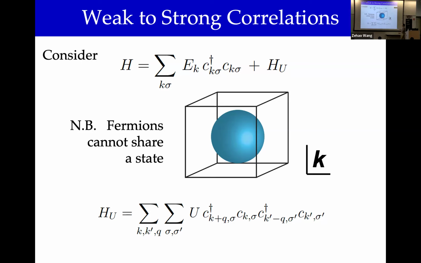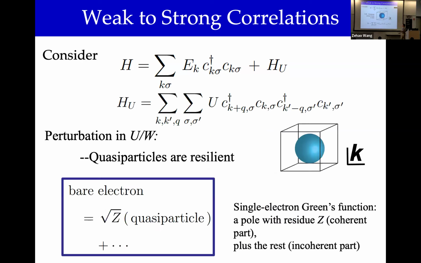Then we can introduce generic fermion interactions, Coulomb interactions, and without too much loss of generality, let's consider local interactions. We can generalize appropriately if one would like to. The standard way of treating the effect of interactions is to start from the non-interacting limit, switch on the interaction, and treat its effect order by order.